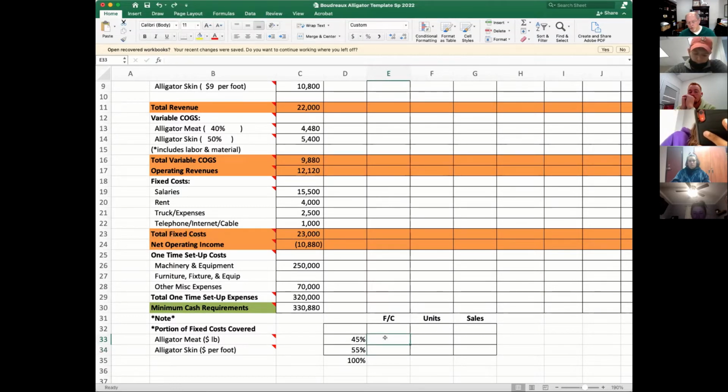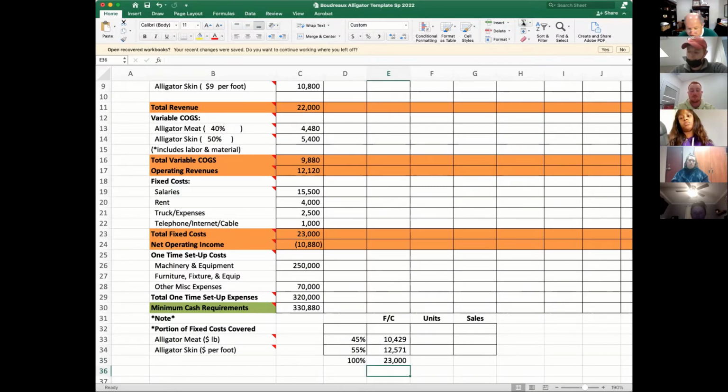If we go to 23,000 times 45%, we know that 10,400 of the fixed cost is covered by the meat, and then we take the 23,000 times the 55%, and we know that is covered by the skin. And the total of the two has got to add up to 23,000, because if it doesn't, you made a mistake.